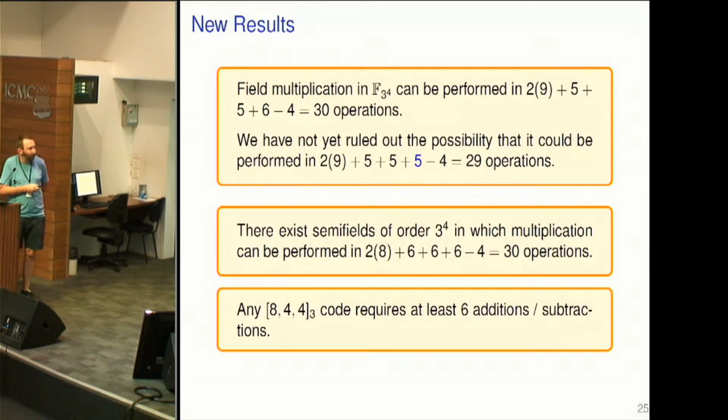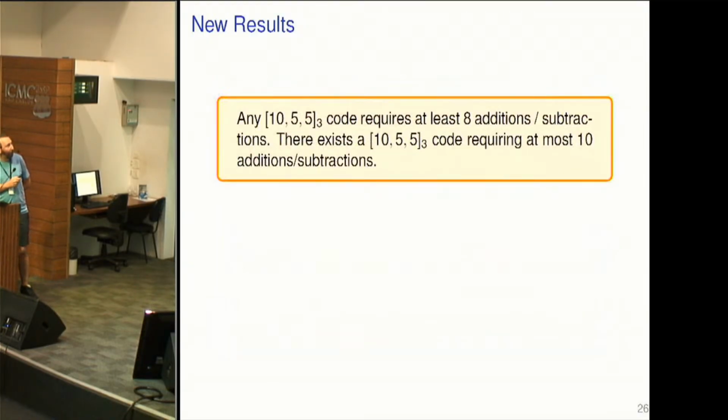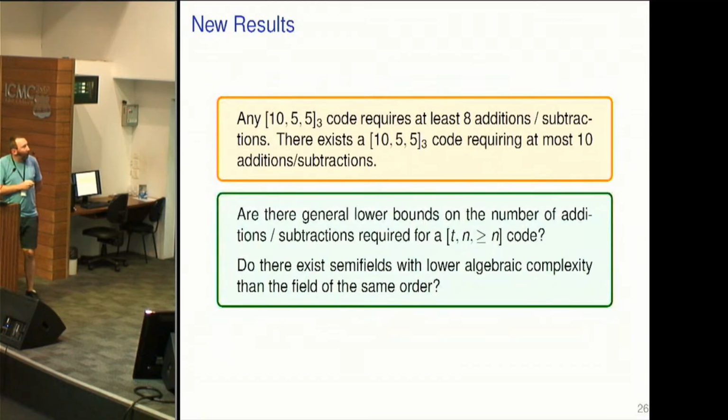So that's possible. The key step was showing these codes require at least a certain number of operations in order to implement them. And then for the 3 to the 5 case, we've got some partial results. We're still working and trying to pin things down as closely as we can.